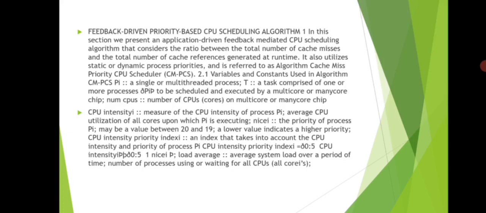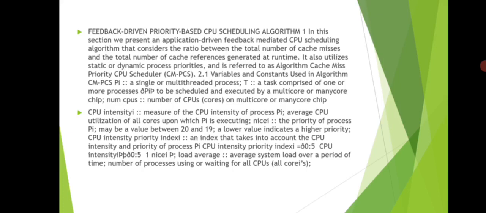It also utilizes priority CPU scheduling, CMPCS 2.1. Variables and constants used in the algorithm: the number of processes to be scheduled and executed by multi-core or many core chips; NUM chips, the number of CPU cores on multi-core or many core chips.